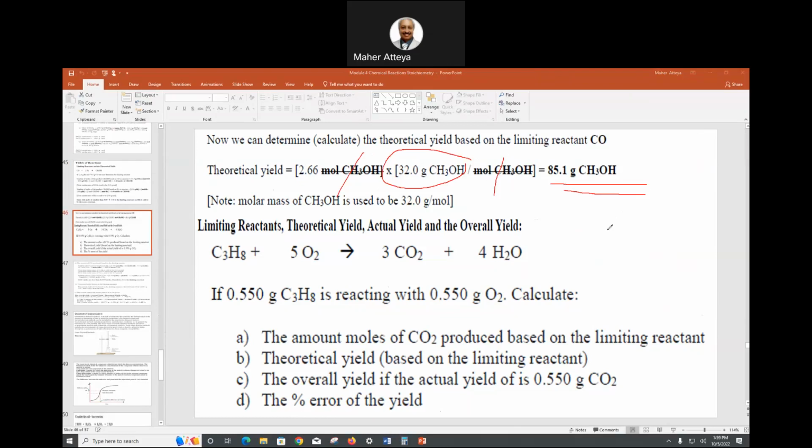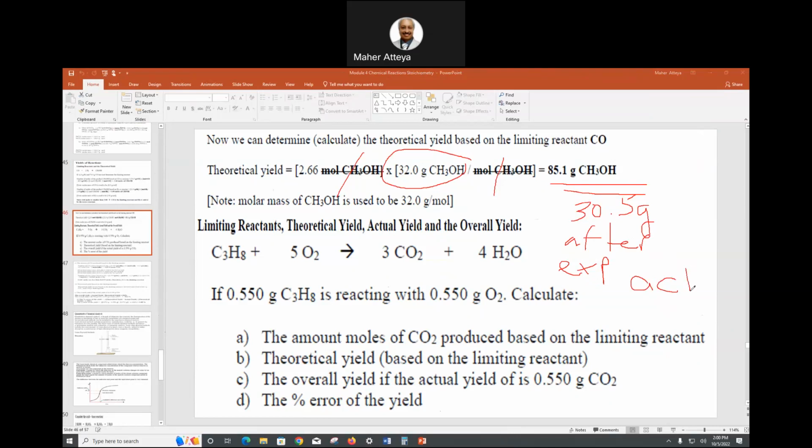Now, if I do an experiment, for example, and suppose I got out of this actual experiment 30.5 grams. This is after the experiment, correct? So this will be my actual one.